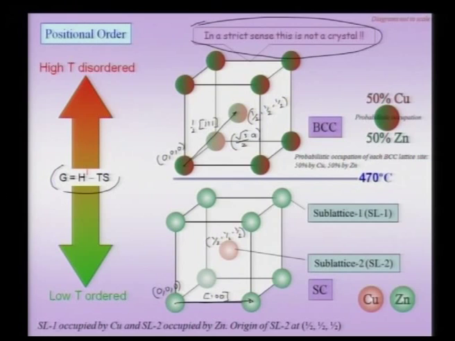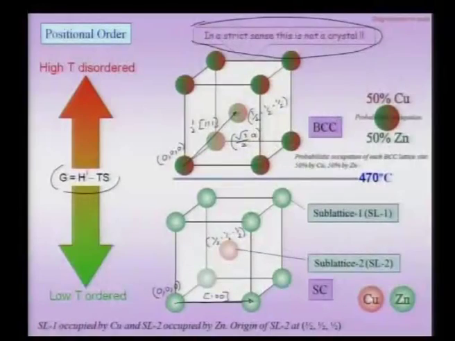So, just to summarize this slide and also the concept of positional order, I can describe my disordered crystal at high temperatures using a probabilistic occupation model. The low temperature phase, typically the ordered phase, which for instance I told you, suppose I call this by symbol gamma, then I will call this gamma prime, because now this is an ordered phase, the lower temperature phase, then there is a substantial change in properties.